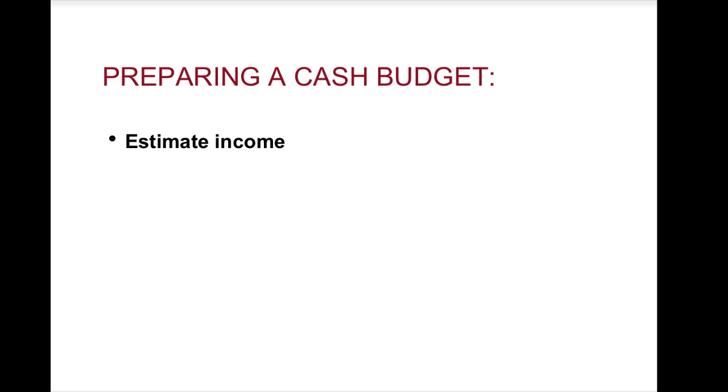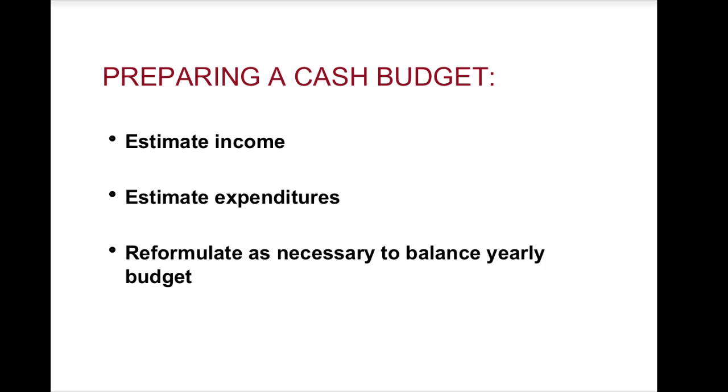And then you want to estimate your expenditures in the same way. And there's always a lot of unexpected expenditures, so you need to go back on a daily basis and plug in those expenditures to ensure that you don't think you have more money in your account than you really do because you forgot some expenditures. And reformulate as necessary to balance your yearly budget.